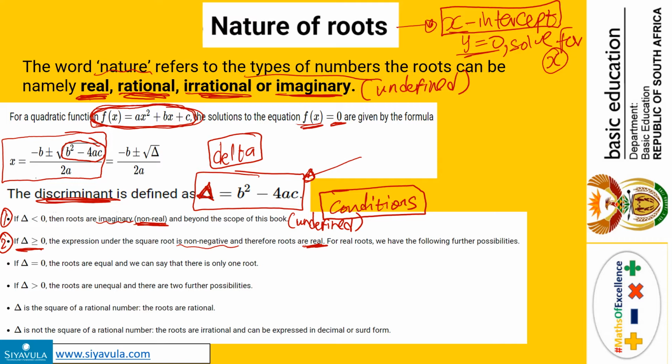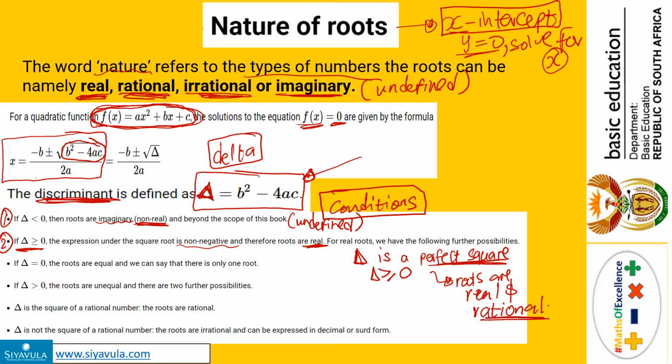One of the possibilities for real roots is that if your delta is a perfect square, and delta is also greater than or equal to 0, we can further say that your roots will be real and rational.